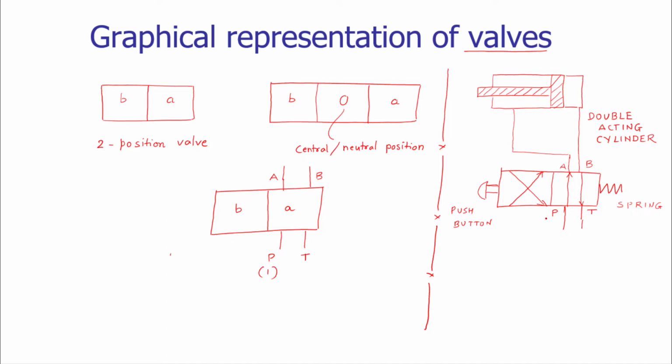To change the connections of the ports, we are using a push button arrangement. As we push the button here, the connections change to the opposite direction. P gets connected to B and A gets connected to T. So in this way, by drawing a simple graphical representation, we can communicate very complex operations of hydraulic systems.